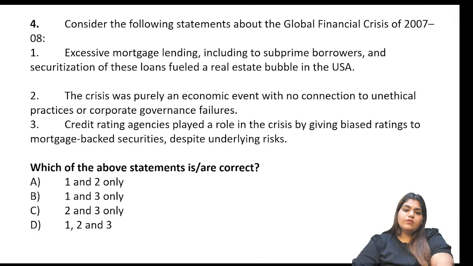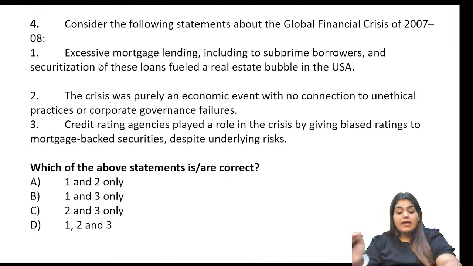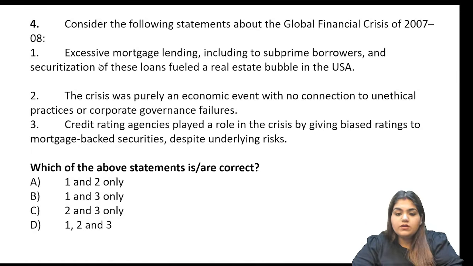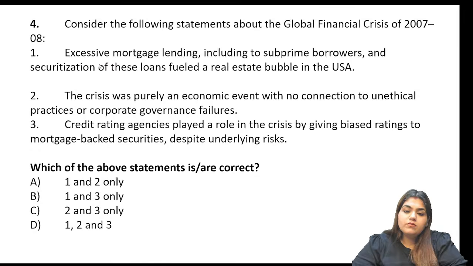Consider question number 4. The crisis of 2007-8 is important, as is the Satyam case. If you refer to the notes that I have provided, it will be easy for you to understand. I have explained in one page after the notes what the content actually is and what the case is actually talking about.